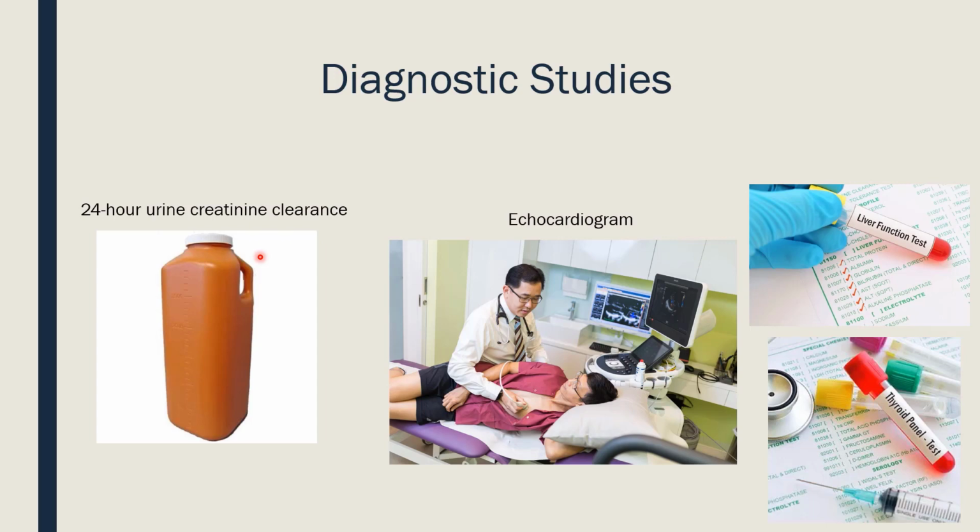It's very toxic, and there should be a normal level in our blood that it should stay there. Anything elevated, that's not good. It's a sign that the kidneys are starting to fail.